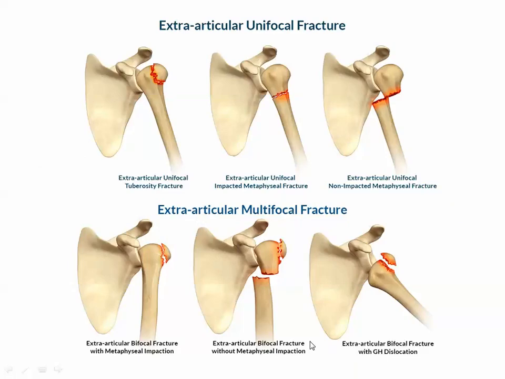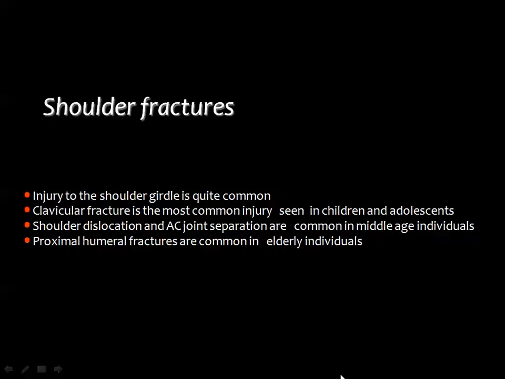And here are examples of extra-articular unifocal fractures: one segment affecting the greater tuberosity, or the humeral shaft, whether non-displaced or displaced. And this is an extra-articular multifocal fracture with involvement of the greater tuberosity and the humeral shaft.